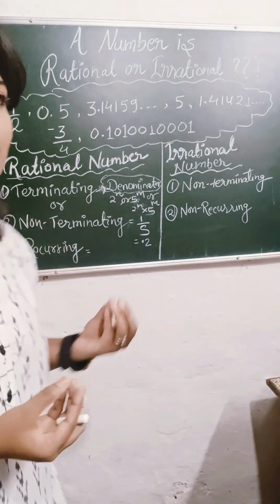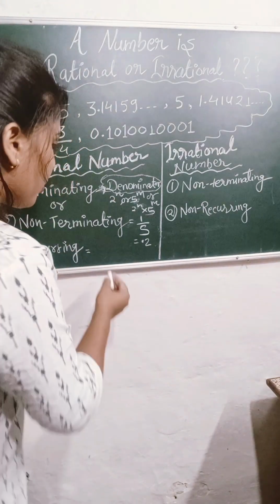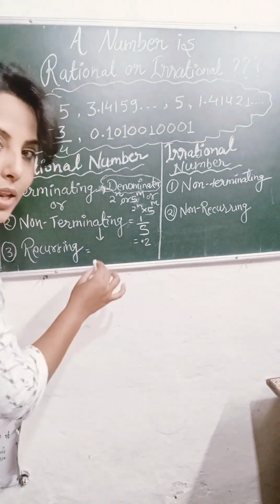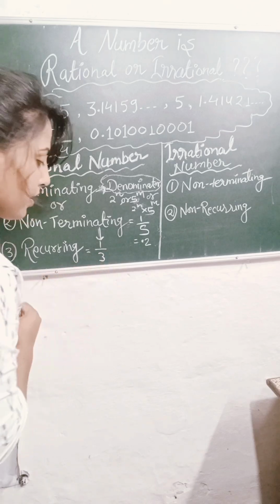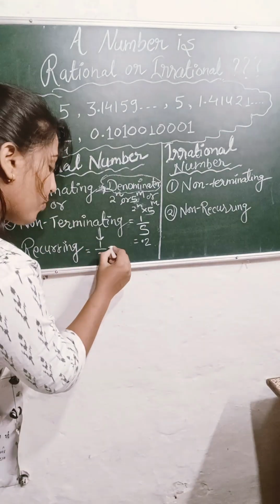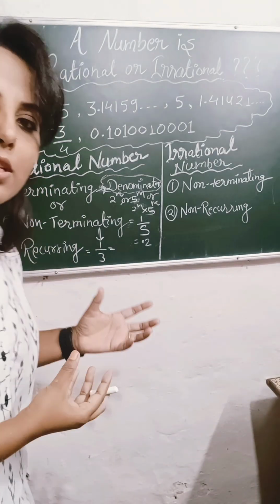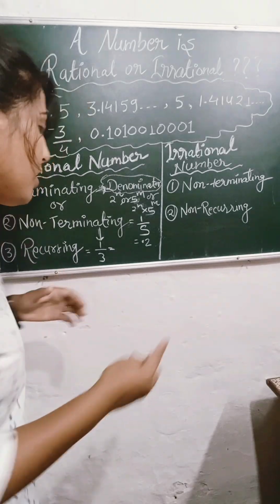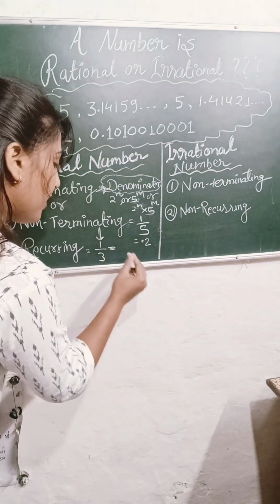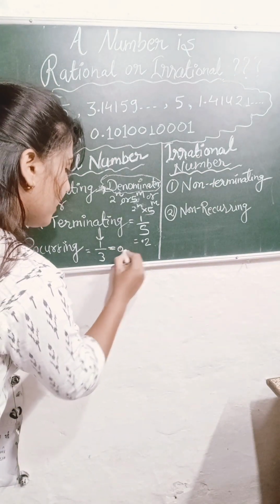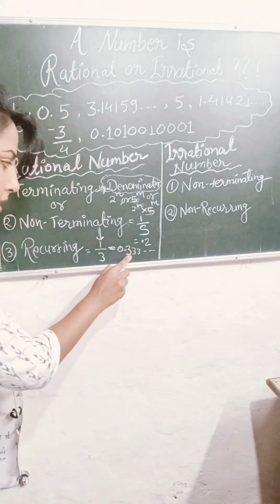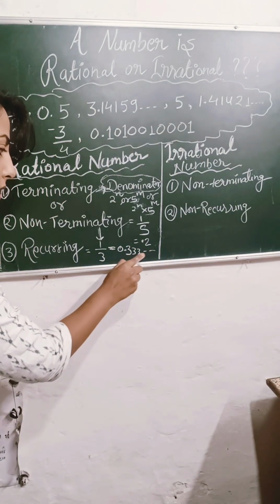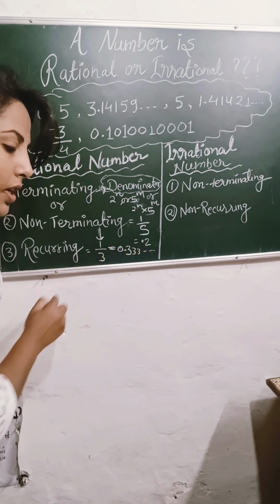What is non-terminating? If I put an example of 1 by 3, and convert this number into decimal form, it will be 0.333 and so on. You can see that the number is repeating, and it is also not terminating.